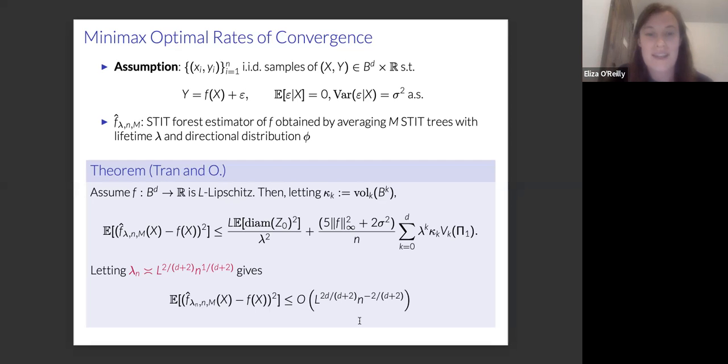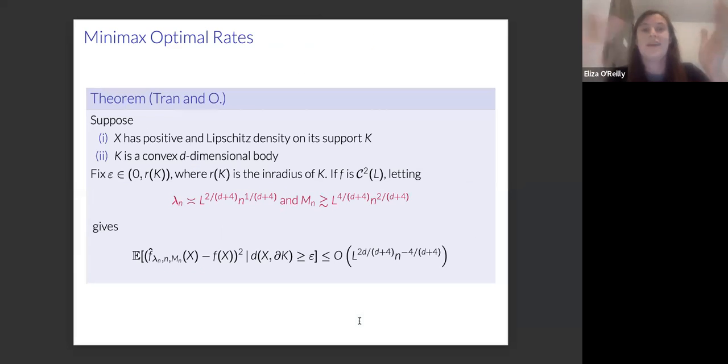So to address that point, we have a second result that makes some additional assumptions on our underlying function. If we assume f is C2, and we also make some additional assumptions about the input random variable x, we are able to obtain an improved rate of convergence on the risk by optimally tuning the lifetime and ensuring that M is large enough as n grows.